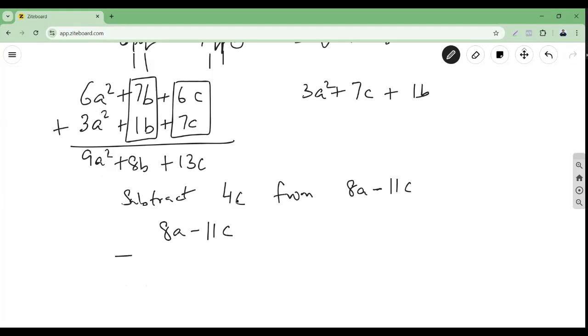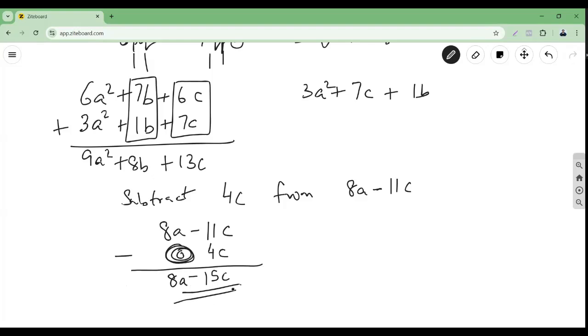Subtraction sign, and 4c, I will have to write below this. When I do this, what happens? Minus 11 minus 4, right? It becomes minus 15c. And with the a, there is nothing for me to add or subtract here, so this is like 0. 8a minus 0 is 8a only, right? 8 minus 0 is the same 8. So the answer will be 8a minus 15c.